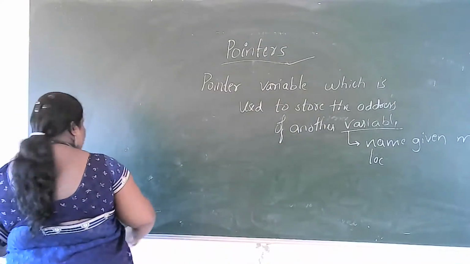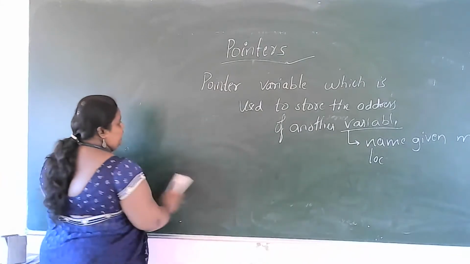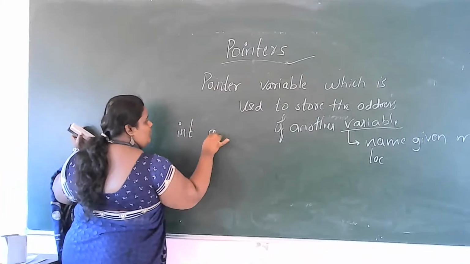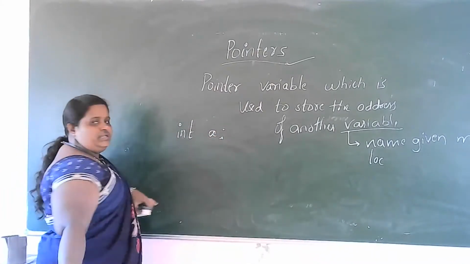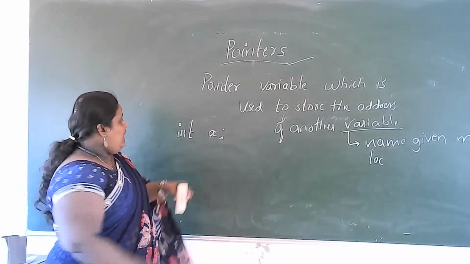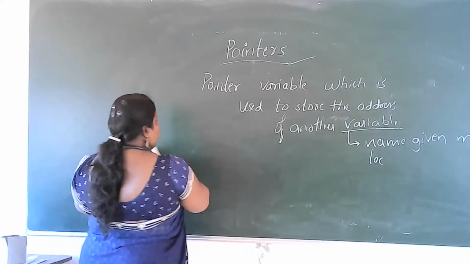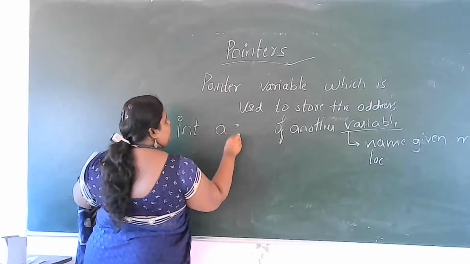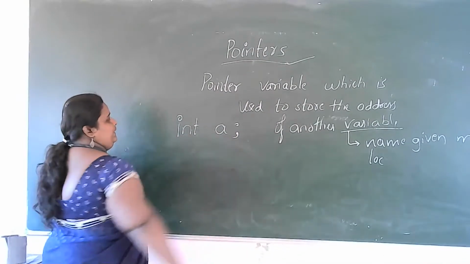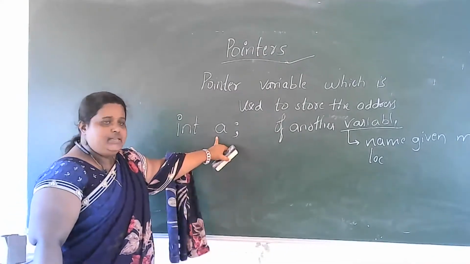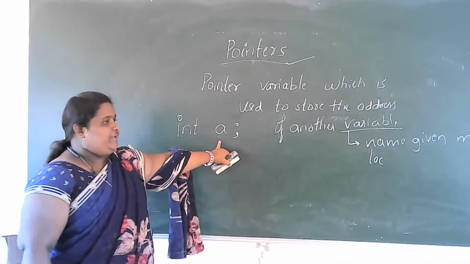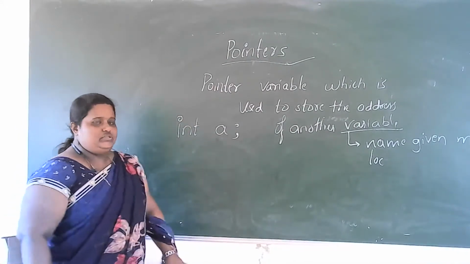For example, if you declare a variable of type integer, int a, then a is a variable of type integer.